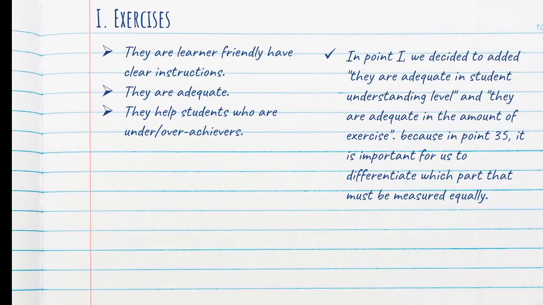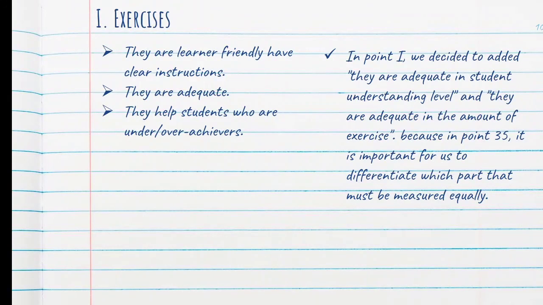And for the last is exercises. In exercises we have 3 points. The first is the same point as in our reference. They are learner friendly, have clear instructions, they are adequate, they help students who are under or overachievers.